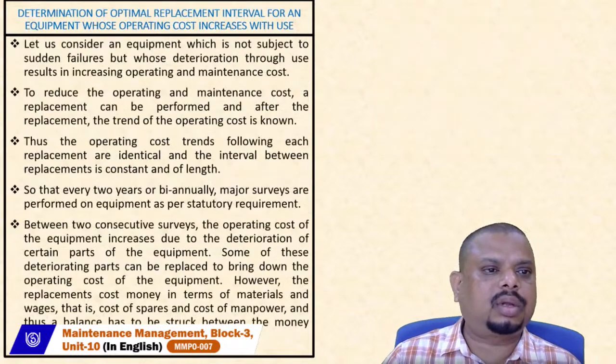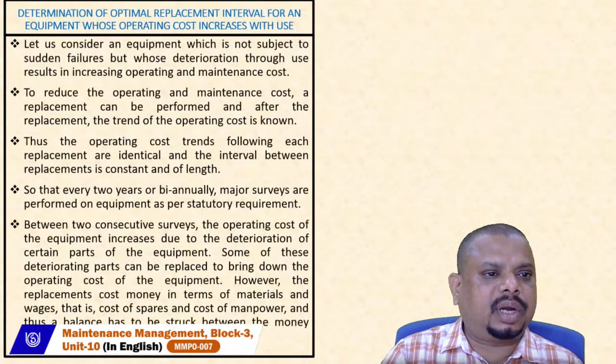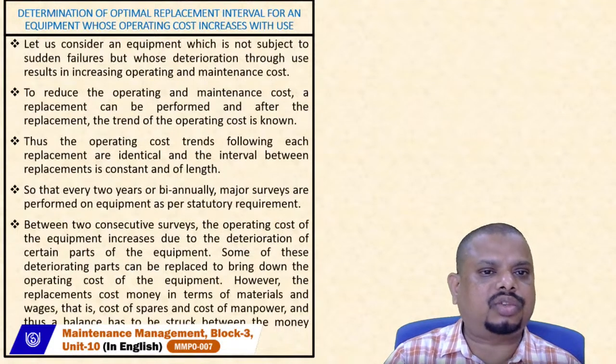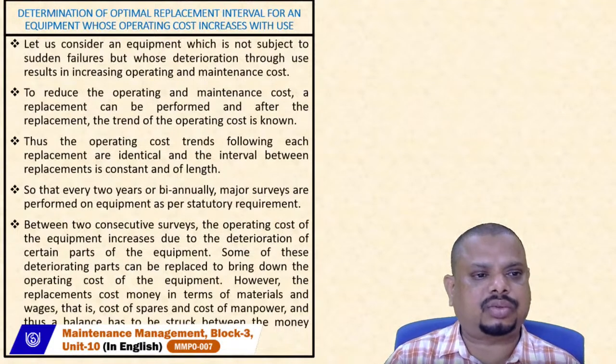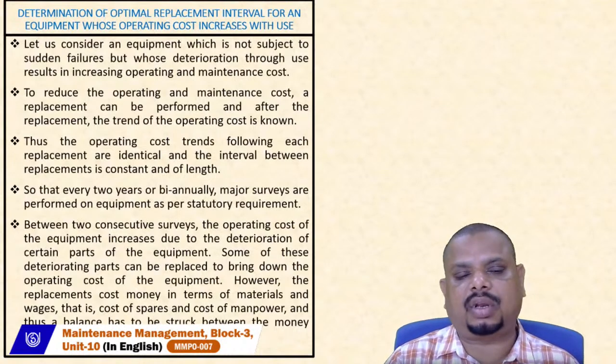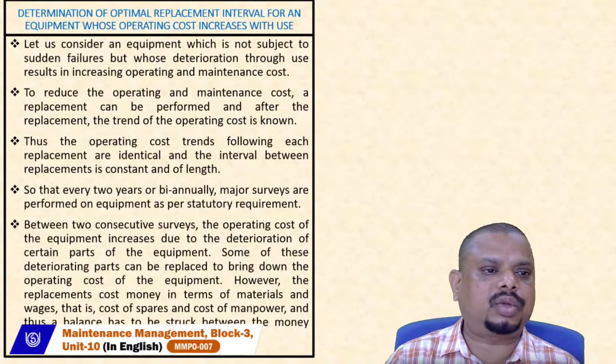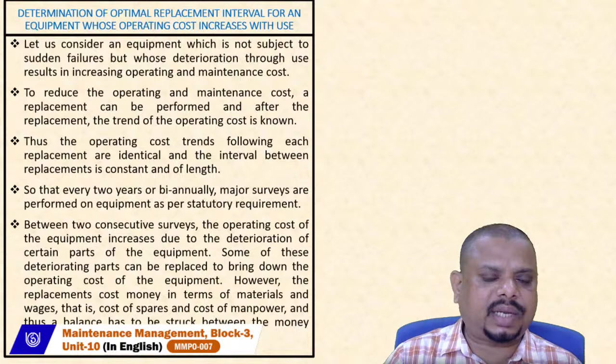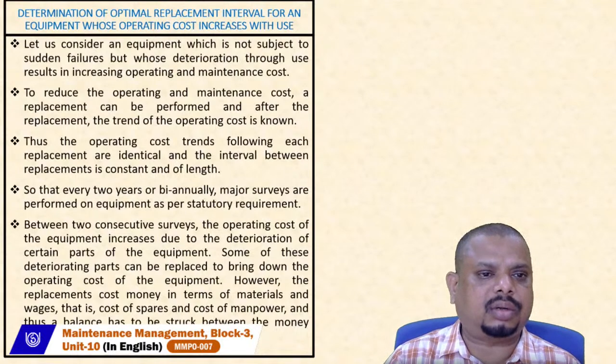Moving to the next one. The next one is determination of optimal replacement for equipment whose operating costs increase with use. So let's consider equipment which is not subject to sudden failure, but whose deterioration through use results in increased operating and maintenance cost. Let's take the example of a gearbox.